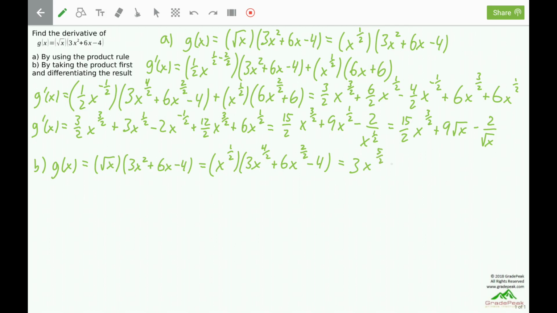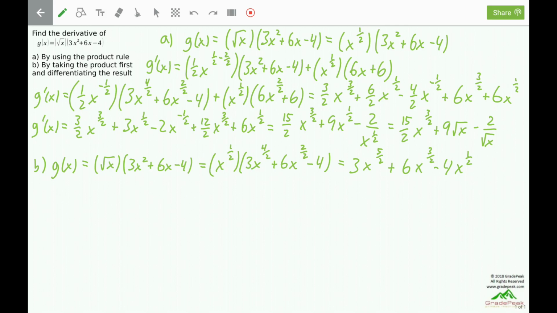The next one will be 6 times 1, which is a 6, x to the 1 plus 2, x to the 3 halves. And then minus 4 does not have an x with it, so the x just distributes with that: negative 4x to the 1 half.